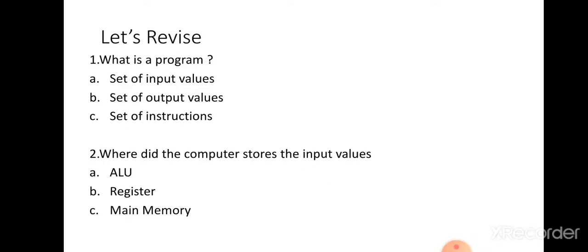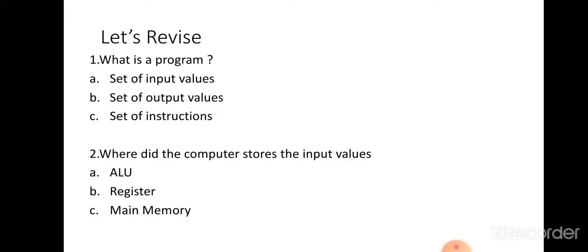Now let's revise. What is a program? We have the options A, B, C. A, set of input values; B, set of output values; and C, set of instructions.